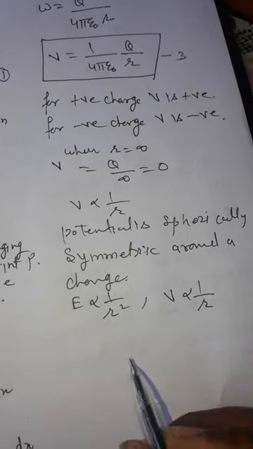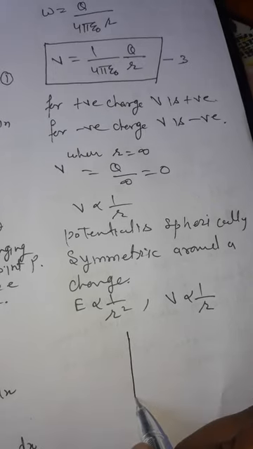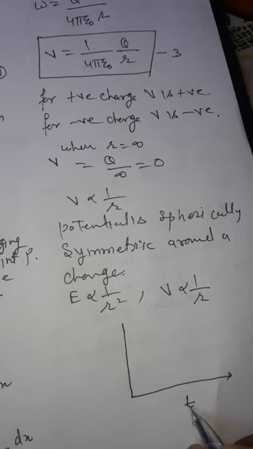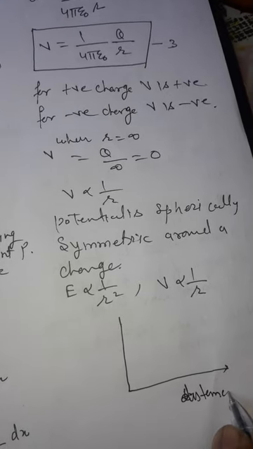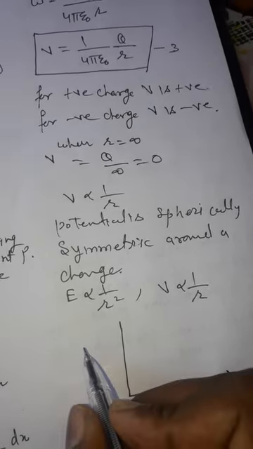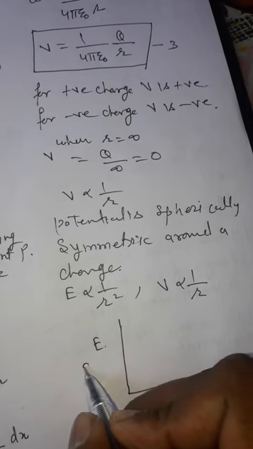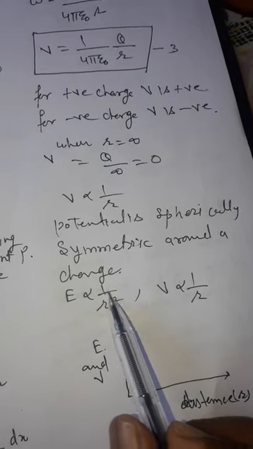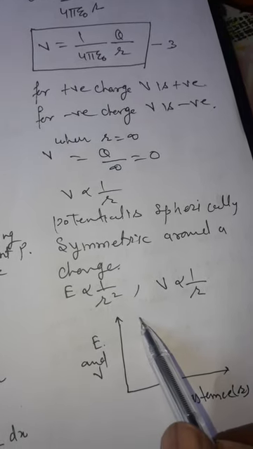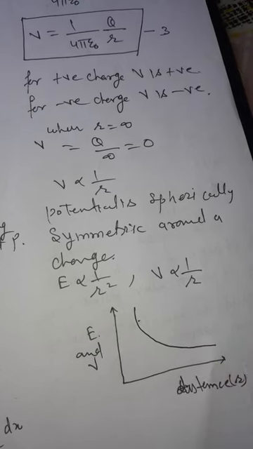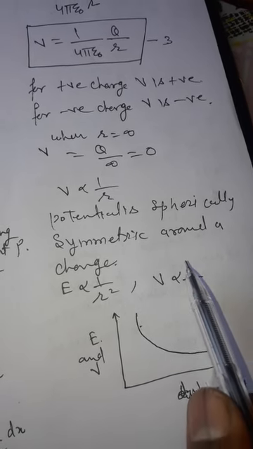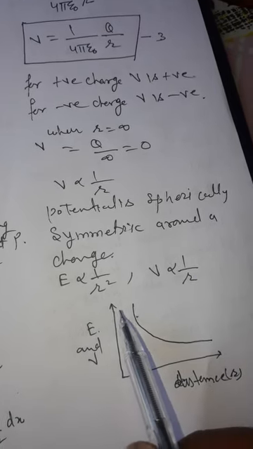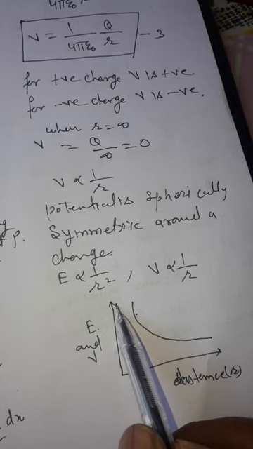So we can draw these two curves like this. On the x-axis, we take distance r, and on the y-axis we take E and V. The curve for electric field becomes like this, and for potential it becomes flatter, so we can say it looks like this.